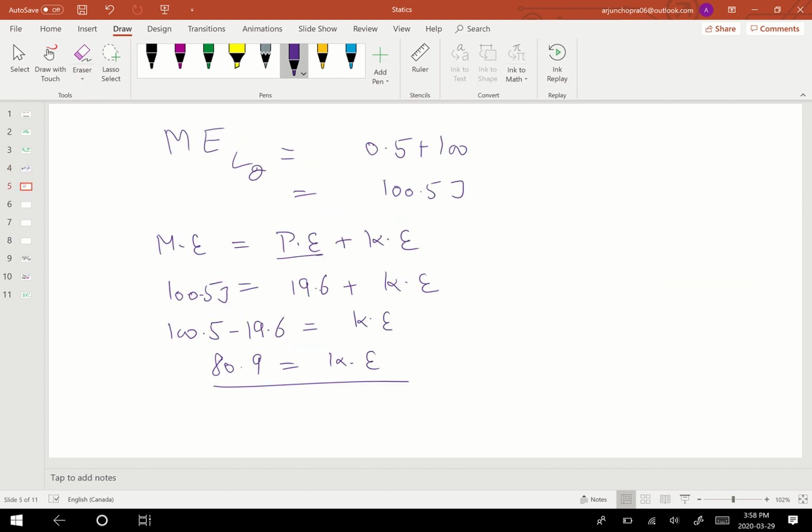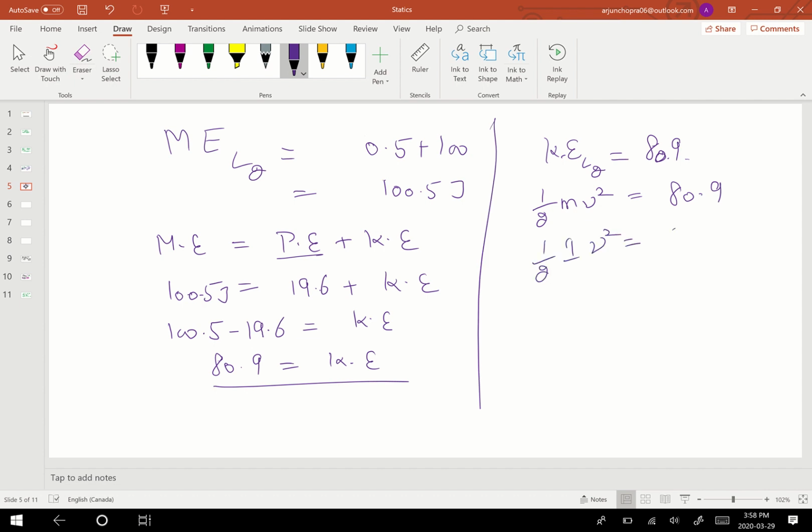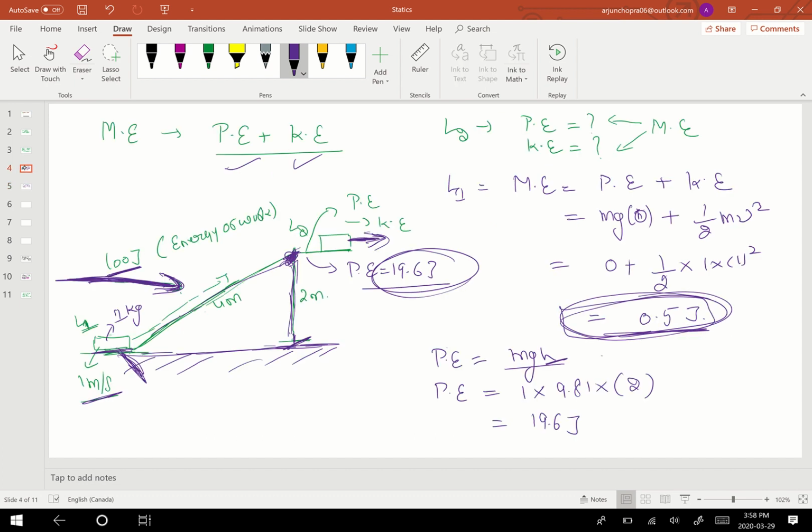Because the kinetic energy at location 2 is 80.9, and we know the mass is 1 kg, half times m v squared equals 80.9, so half times 1 times v squared equals 80.9. The velocity squared will be 80.9 times 2, which is 161.9, and if I take the square root of this value, the velocity will be 12.72 meters per second.